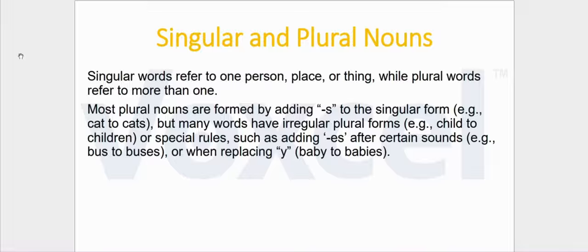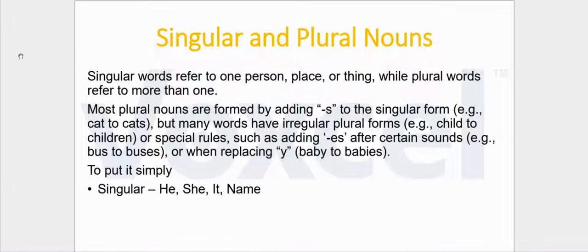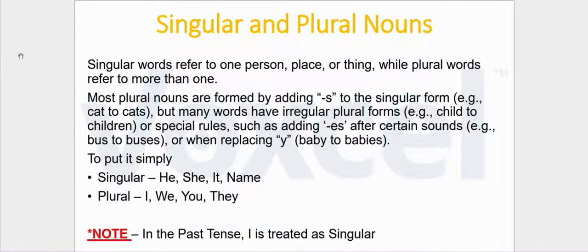Okay, or special rules such as adding es after certain sounds like bus, buses, or replacing y, baby, babies. Okay. To put it simply, singular you will use say he, she, it, name, and plural I, we, you, they. And just note for you guys, in the past tense I is treated as singular. Clear?